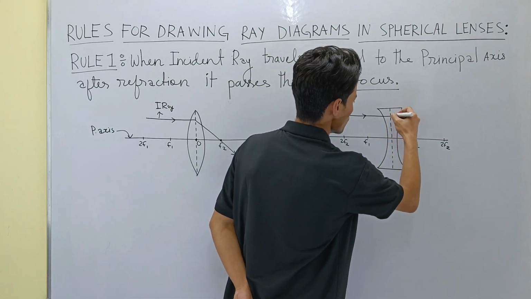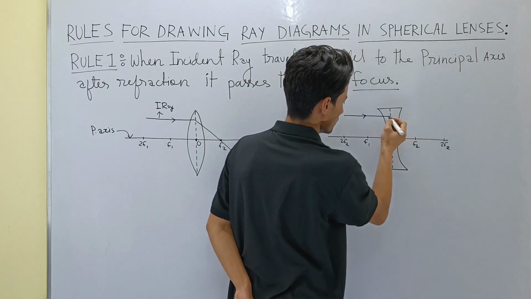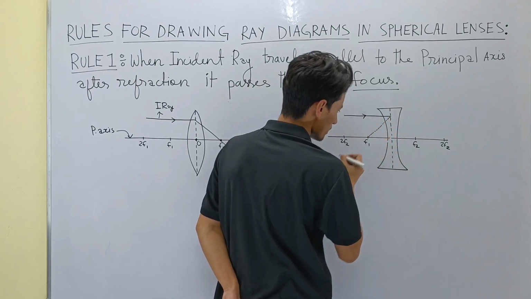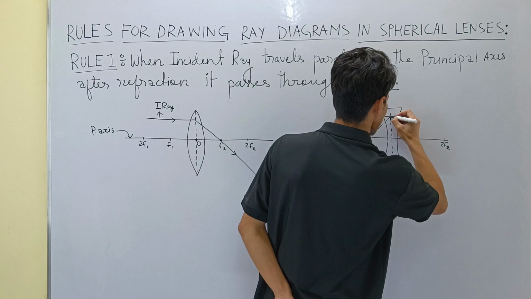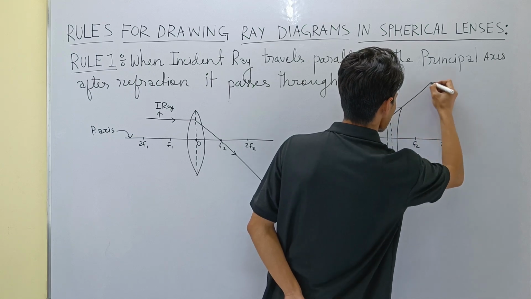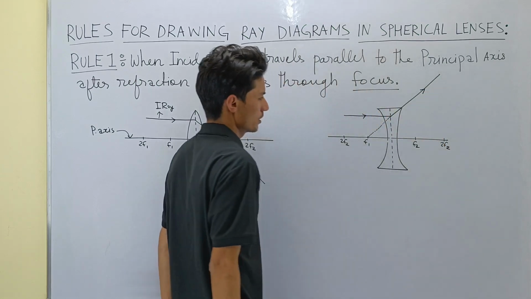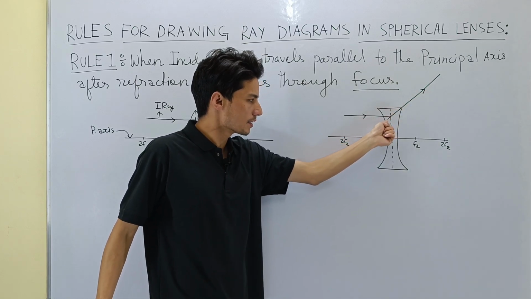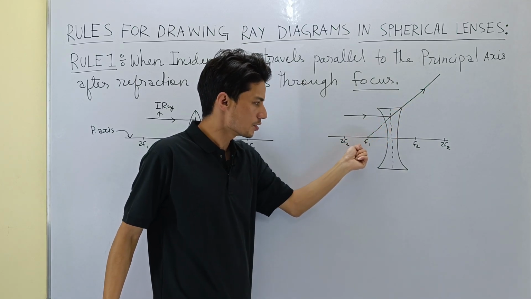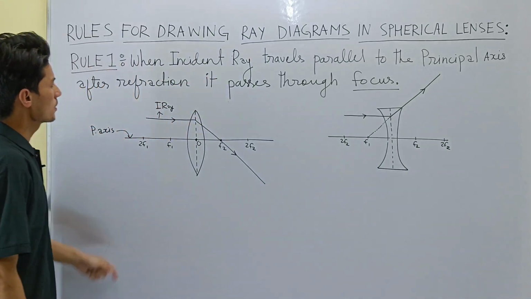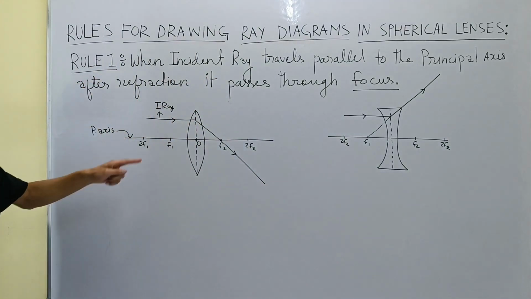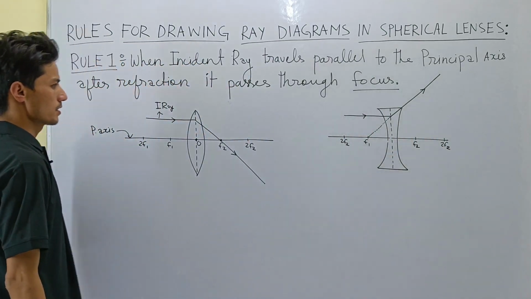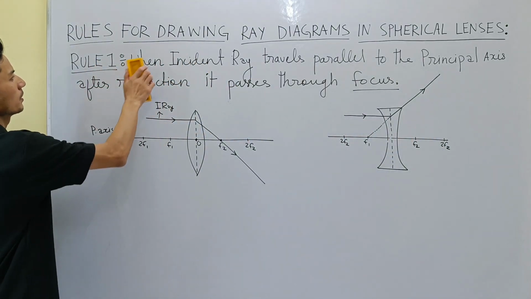The original ray will diverge and go away, but it will appear as if it touched the focus. On retracing it back, it will appear as if it is passing through focus. So this is rule 1 for both the types of lenses.